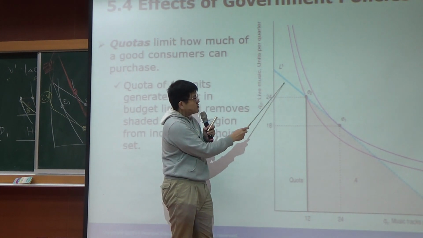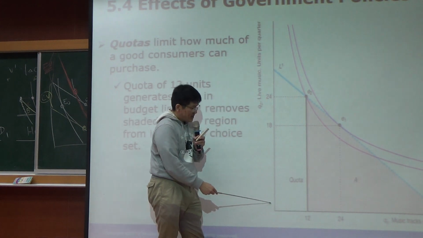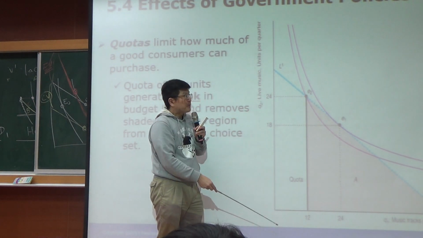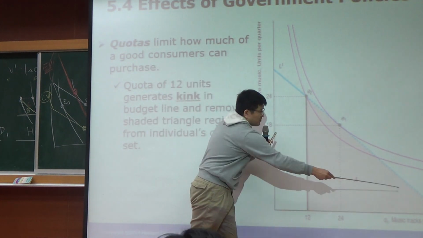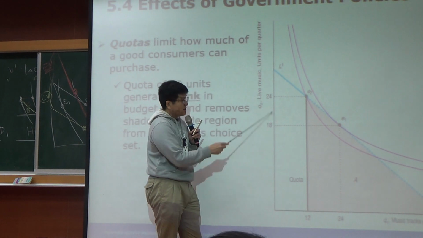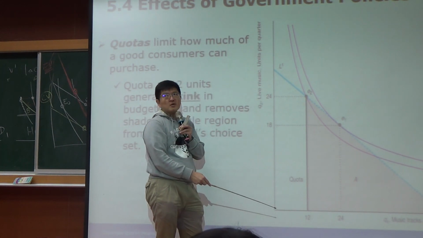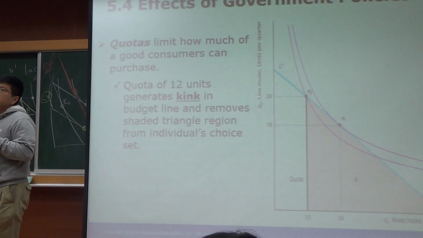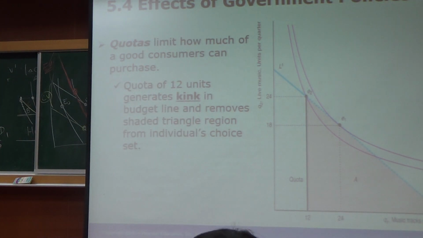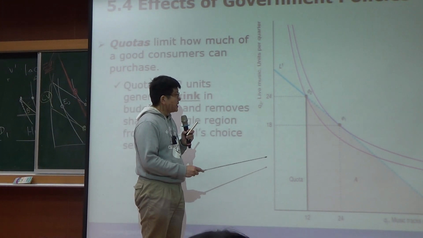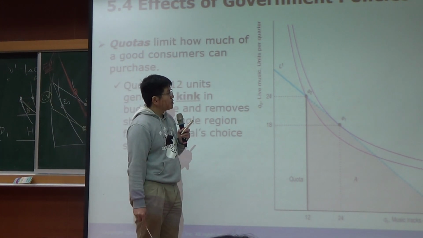Now your budget set shrinks from this big triangle to this trapezoid.